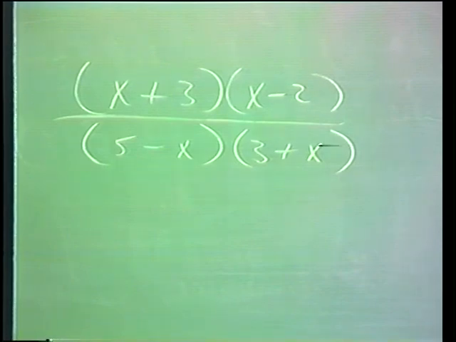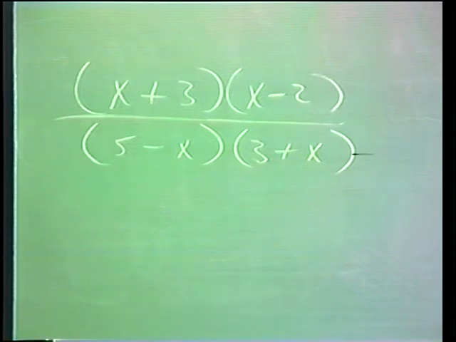Jan, you see identical factors in numerator and denominator? No? Tony? Mm-hmm. What? 3 plus x and x plus 3. Yeah, they're the same. X plus 3 and 3 plus x are the same. Addition is commutative.